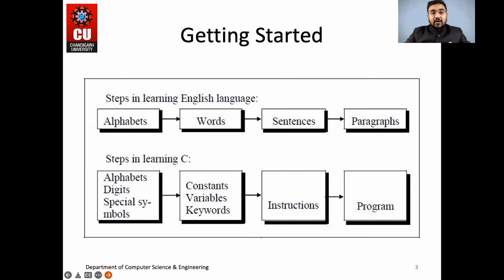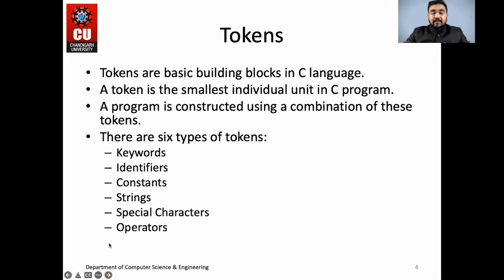Similarly, when we talk about the C programming language, we use alphabets, digits, symbols to form constants, variables, and keywords, right? Now, these constants, variables, and keywords are further used to create meaningful instructions. A set of instructions, when combined together, creates a purposeful program meant to give a solution to a problem or task in hand. Right? So let's understand what tokens are.